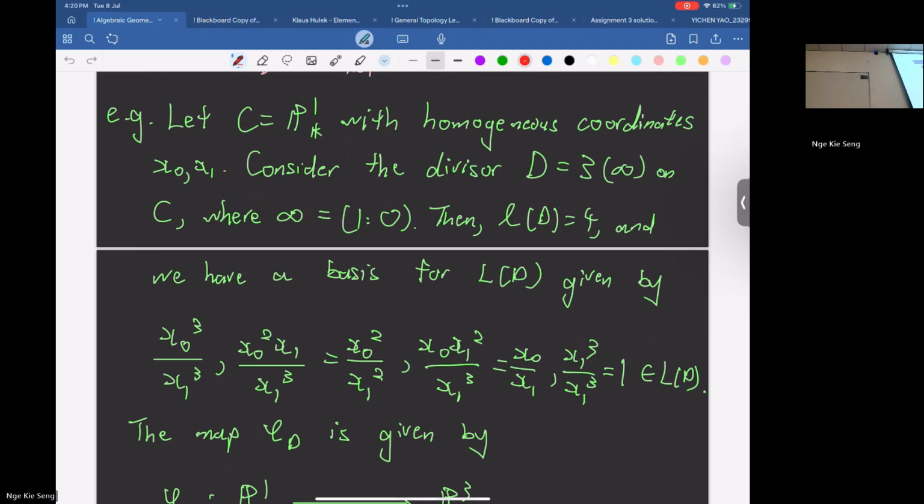Could we have x0 to the power 4 over x1 cubed? Why are there only four things here? Try and think about it. We have x0 cubed.